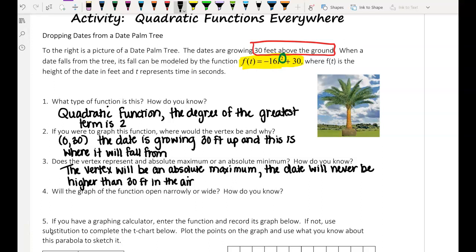There's only two numbers in the function, so you have a 50-50 chance of the negative 16. The a value is what determines how wide or how narrow. The a value in this case, a is equal to negative 16.